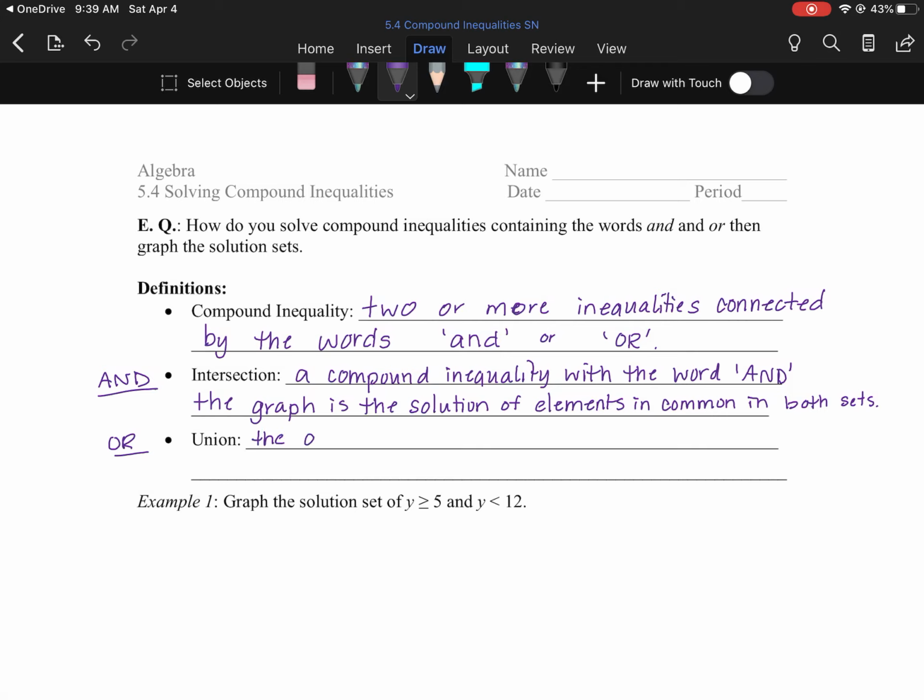All right, so union is the graph of the compound inequality containing or. It's the solution of either inequality.